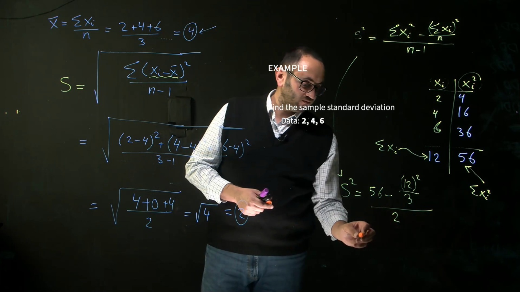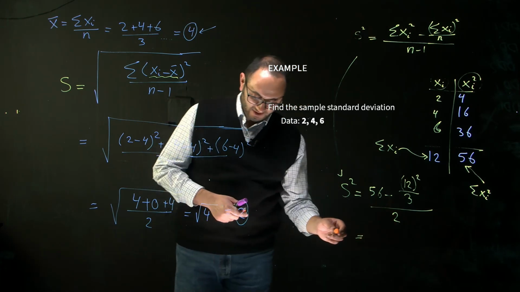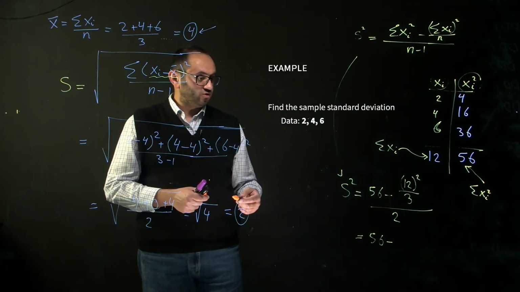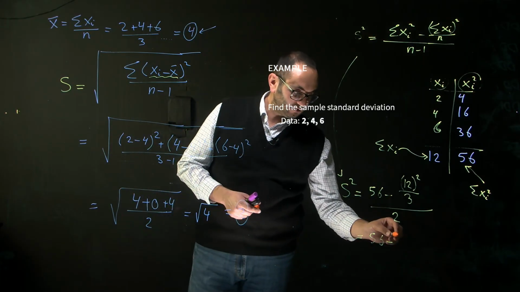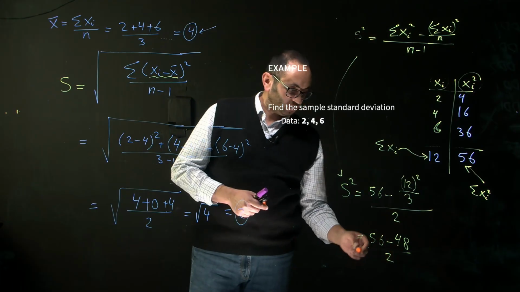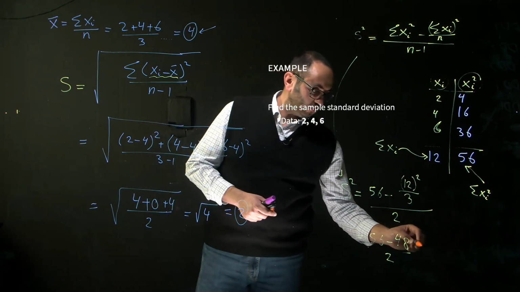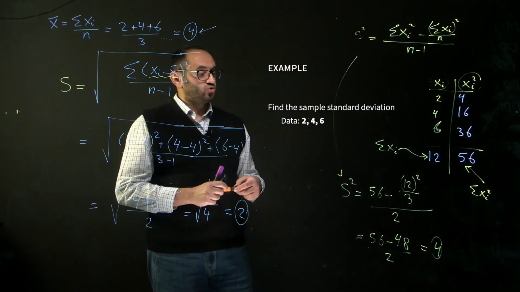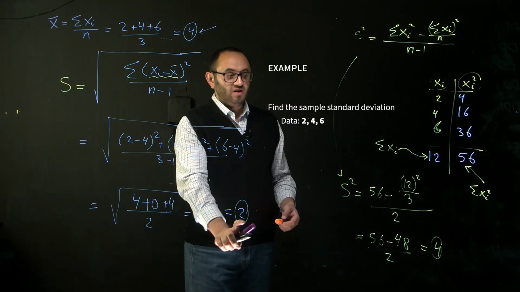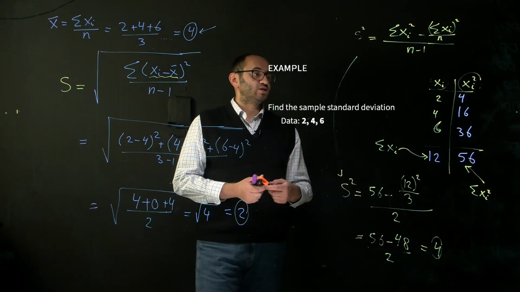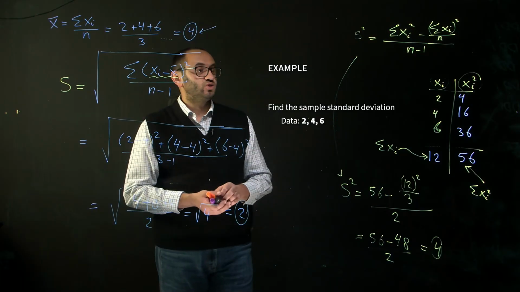Okay, so this is 56 minus 144 divided by 3 is 48, divided by 2. So 8 divided by 2 is 4. So the variance is 4. If you take the square root of the variance, then we have the standard deviation. So S squared is 4, so S equals square root of 4, which is 2.